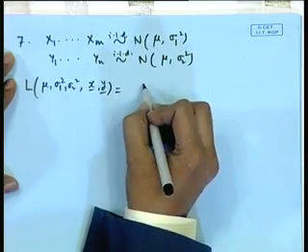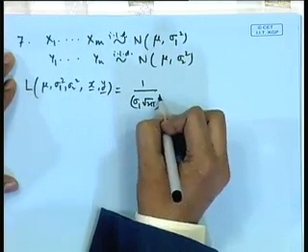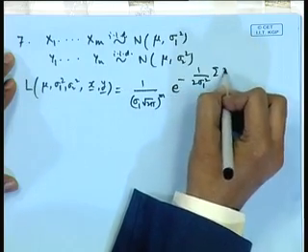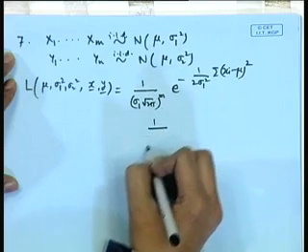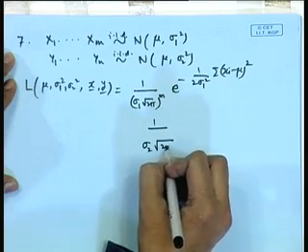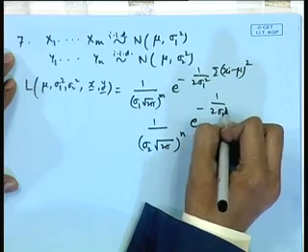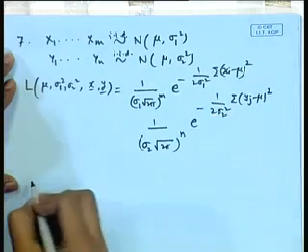So, the likelihood function will involve (1 by sigma 1 root 2 pi) to the power m, e to the power minus 1 by 2 sigma 1 square sigma (x i minus mu) square, and (1 by sigma 2 root 2 pi) to the power n, e to the power minus 1 by 2 sigma 2 square sigma (y j minus mu) whole square.